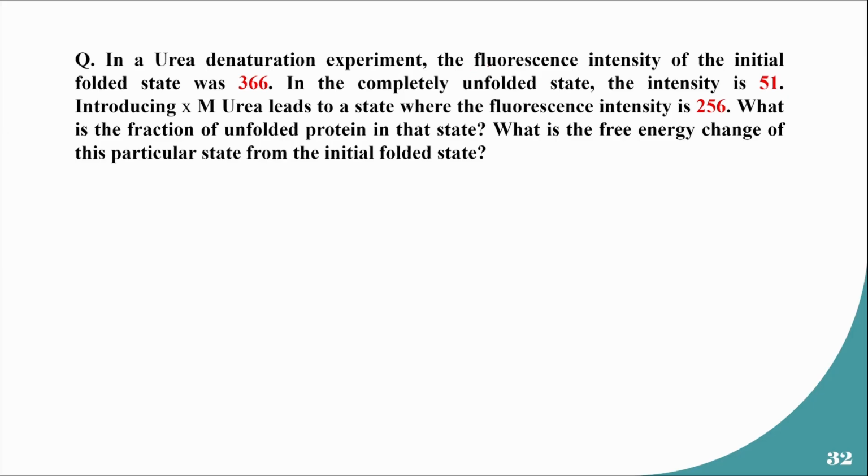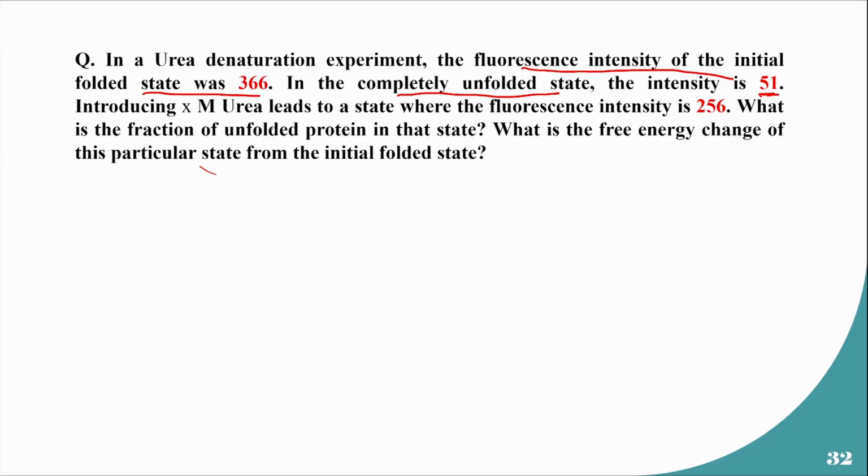It is asking that in a urea denaturation experiment, the fluorescence intensity for the initial folded state was 366. Now, in a completely unfolded state, the fluorescence intensity changes to 51. Now, if you introduce a certain molar of urea, of course, that will lead to denaturation, right?